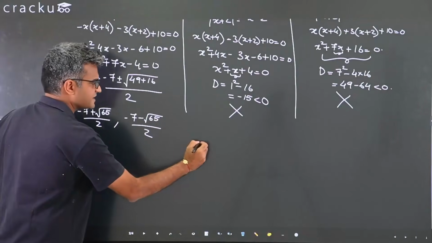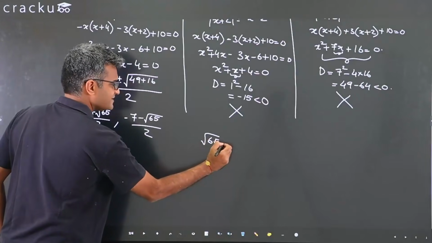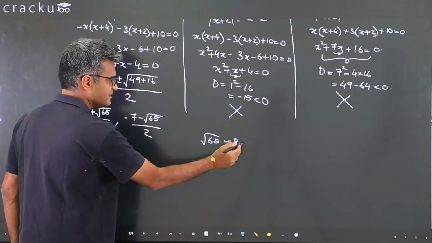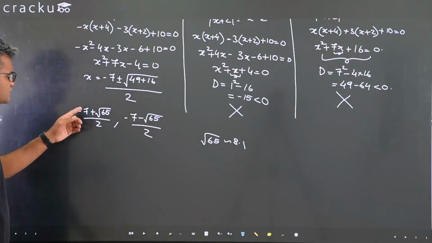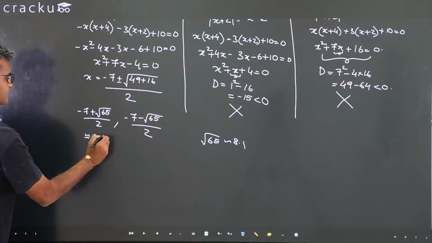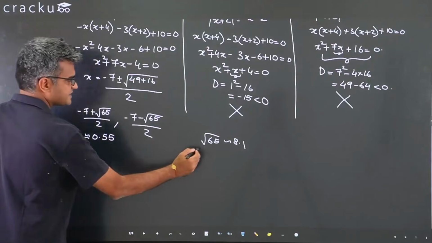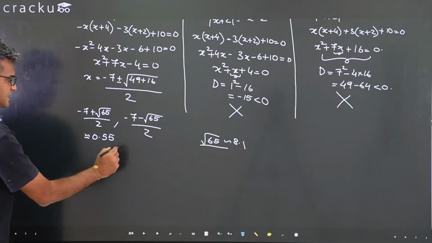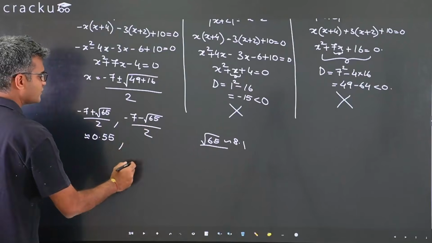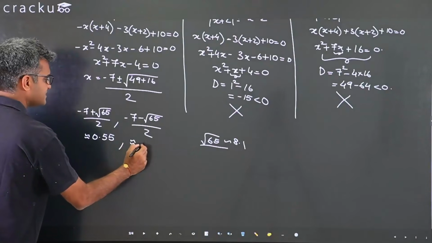Square root of 65 can be approximated to 8 point something, 8.1 maybe. So this will be approximately 0.55 if you approximate square root of 65 to 8.1. In the second case, it will be approximately minus 7 minus 8.1, which is minus 15.1, divided by 2, approximately minus 7.55.